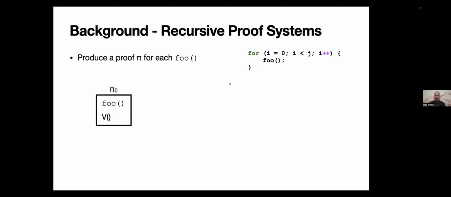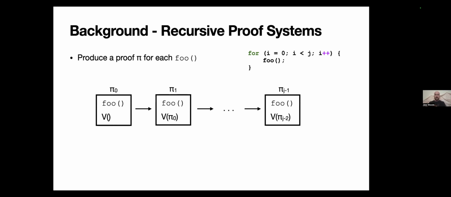And so proving a single step isn't that useful. You can do that without a recursive proof system. But with a recursive proof system, you are able to prove then that some prior proof, pi 0 in this case, verifies correctly, in addition to proving another execution of foo. And so you can do this in a chain as many times as you want for as many iterations.